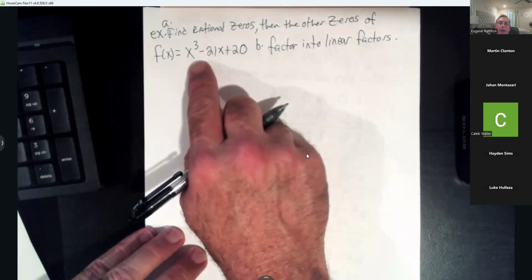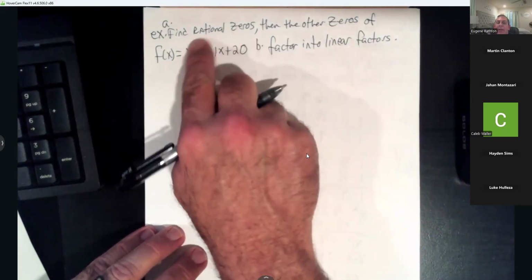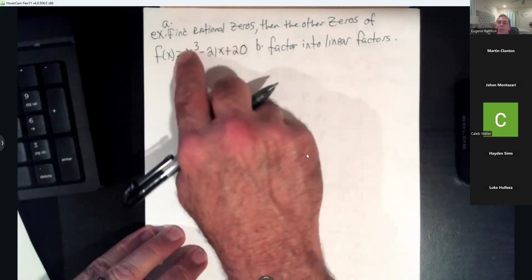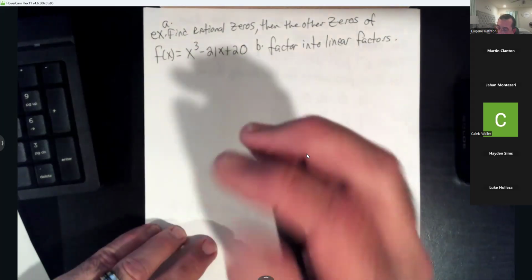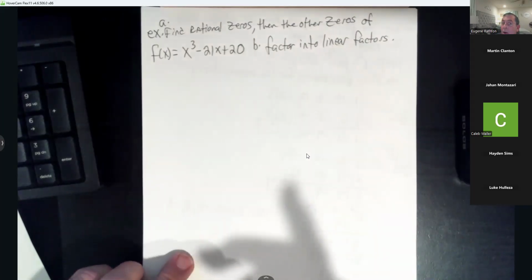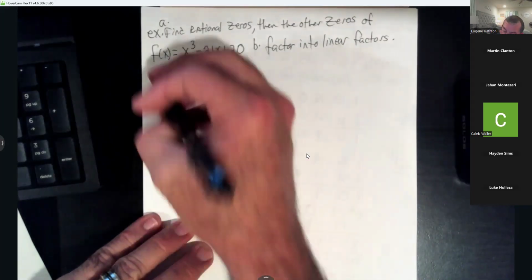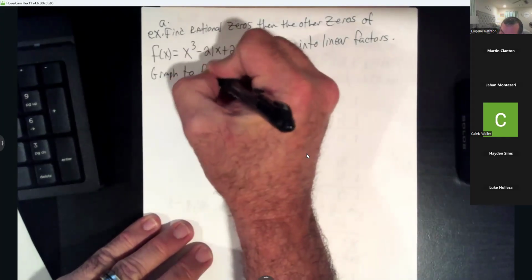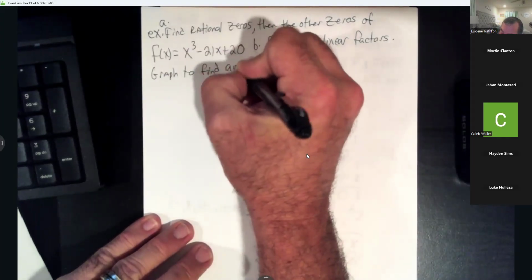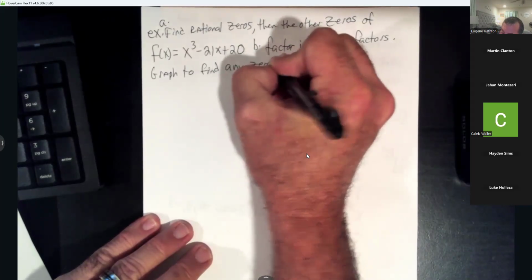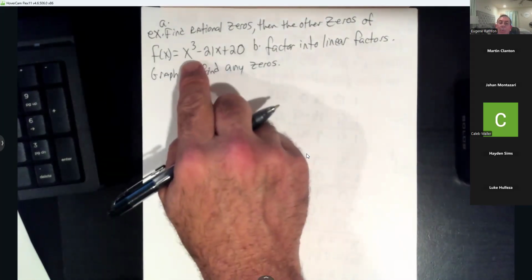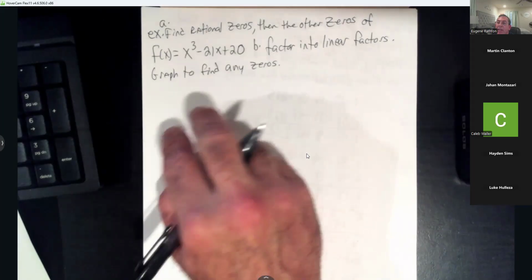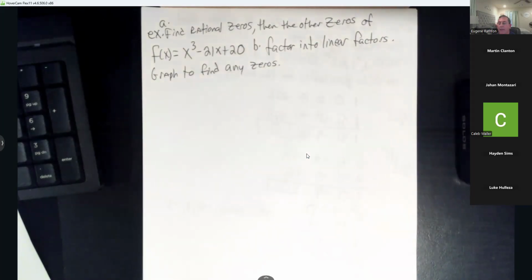So they didn't give me any zeros to start. So y'all, the easiest way to find the first zero, or even all of them, is to graph it. So I'm going to graph it to find any zeros. Because if I can get at least 1 zero, I can do synthetic division and get the others, okay?